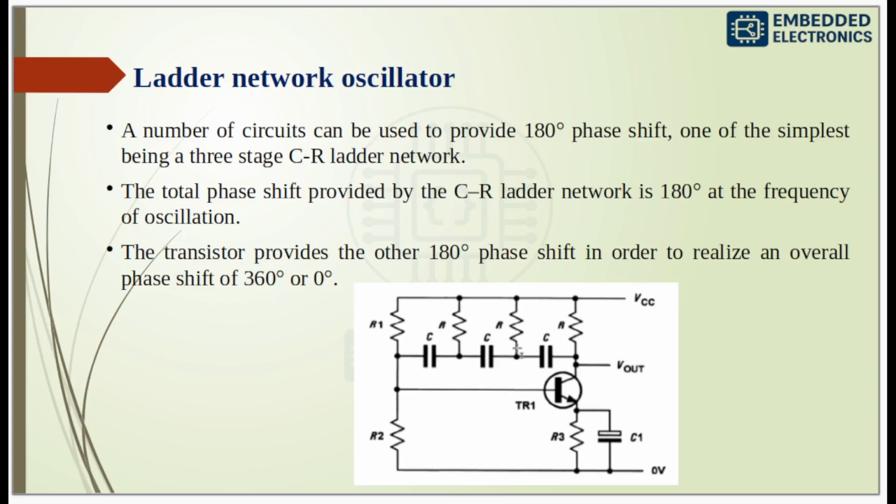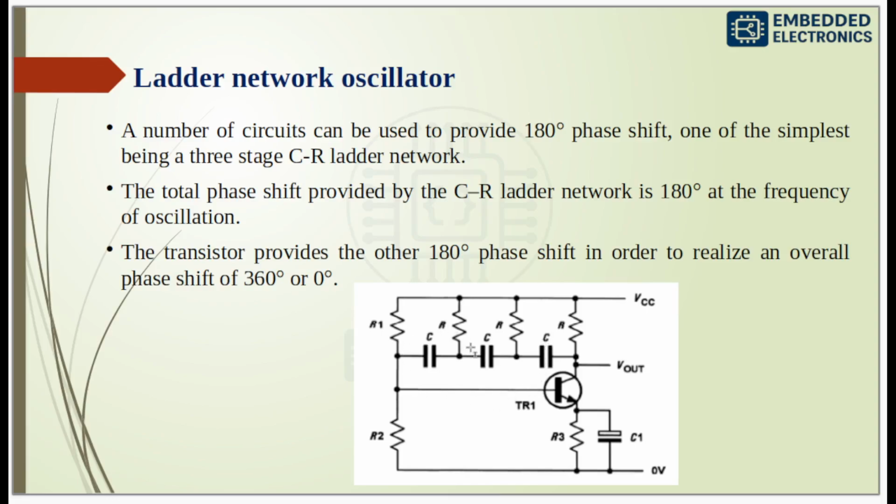This feedback causes the circuit to produce a continuous sine wave output, that is Vout. It is a type of oscillator that uses a chain or ladder of RC parts to produce a steady oscillating signal. A simple phase shift oscillator is based on 3 stages of C and R.